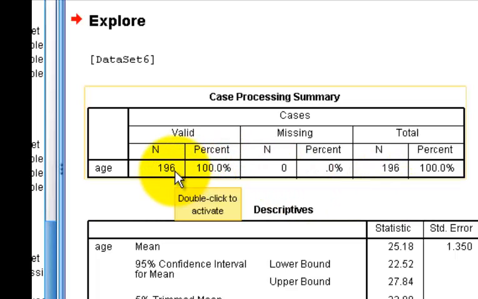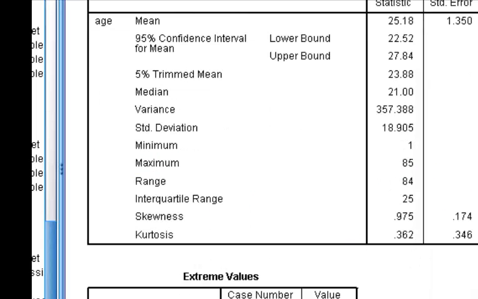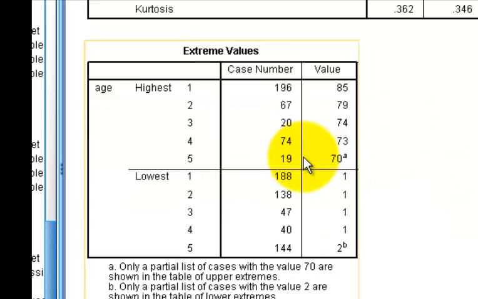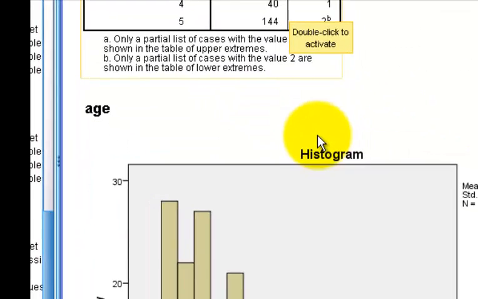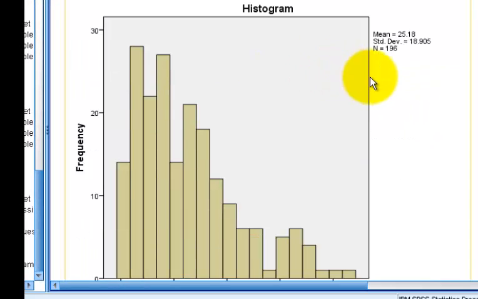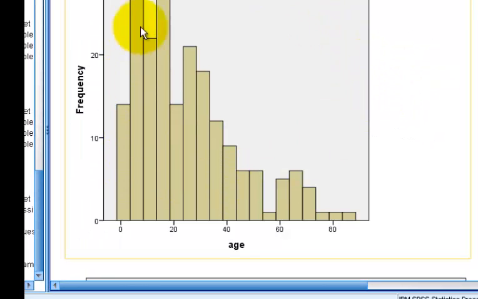Wow, yeah, we have a sample size of 196. It's pretty good. No missing data. That's good. The average age looks like about 25. Data's not perfect, but within ranges. Again, extreme values, not necessarily. Outliers, and our data is in fact skewed.